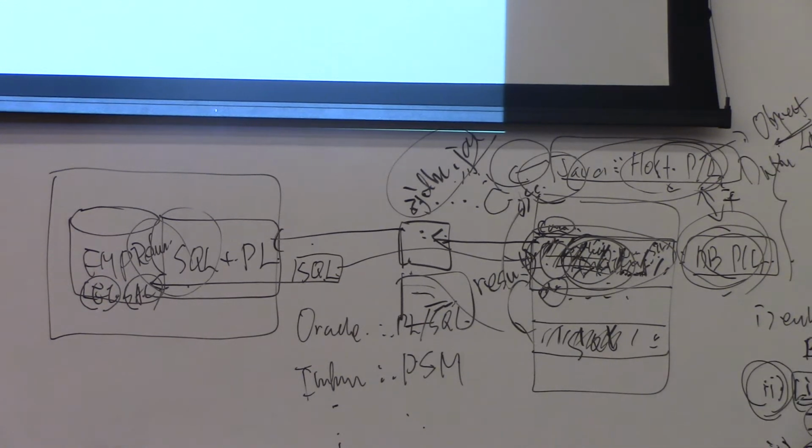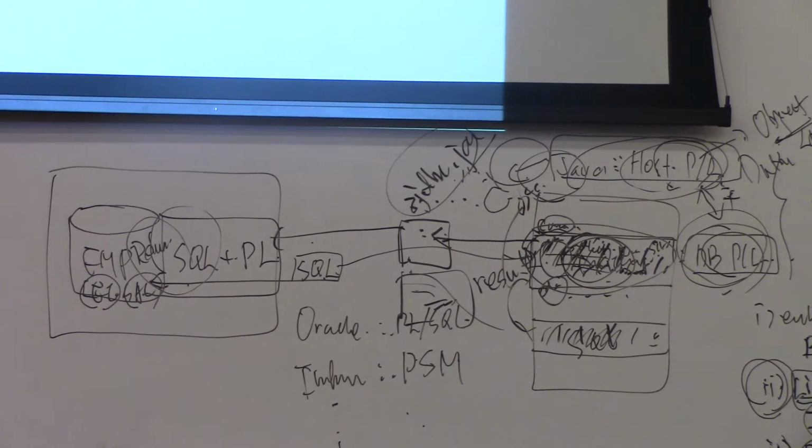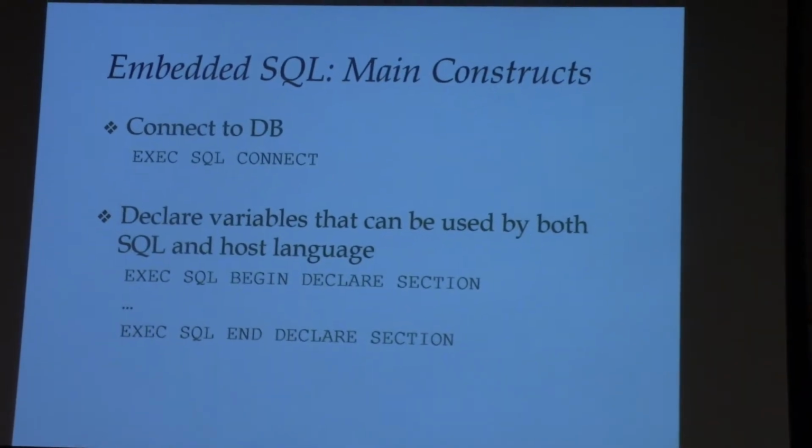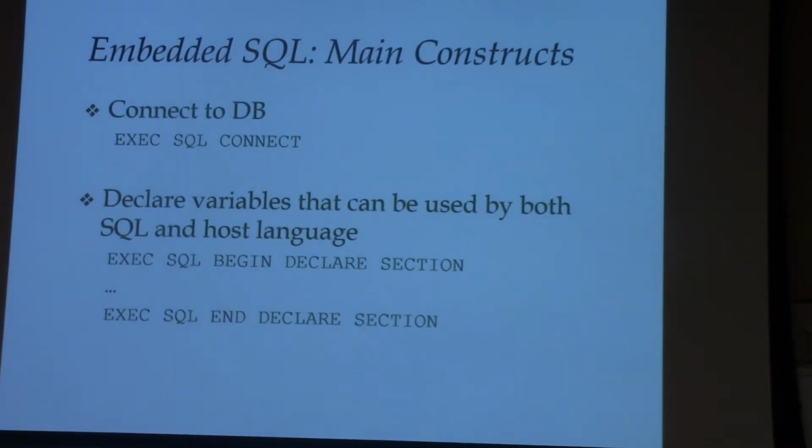First, embedded SQL. With embedded SQL, we have pre-processing, and then the host language processing. We always need to differentiate which part is SQL and which is not. To differentiate the SQL part, we always use EXEC SQL.